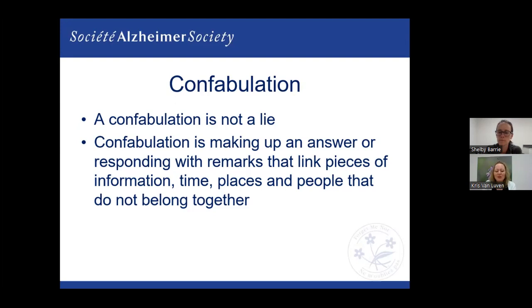And in these situations, it's not really helpful to correct the person or to try to reorient them to our reality. Instead, we're going to use validation. So you might say something like, oh, how was that? Or must have been a busy day. And you'll find that this approach creates less conflict and it allows more opportunities for the person to reminisce a little bit about their work life.